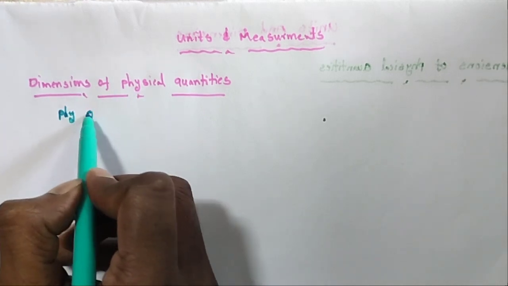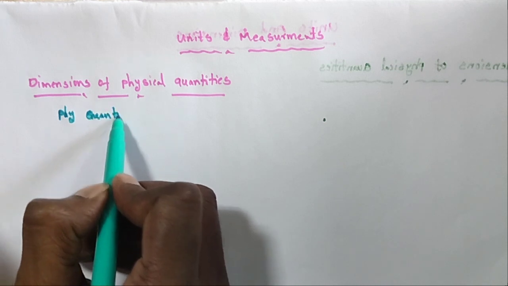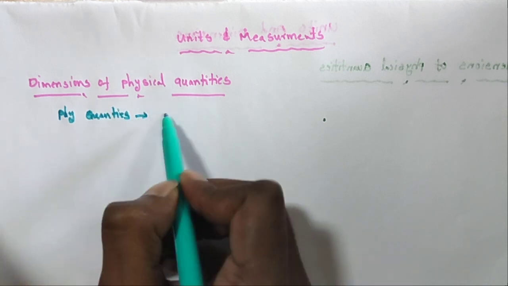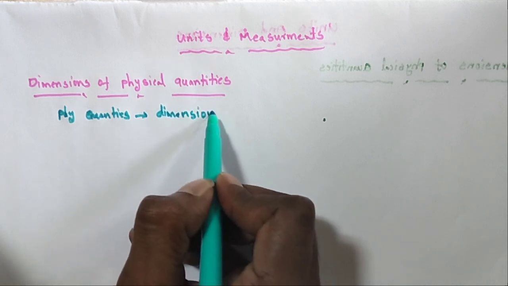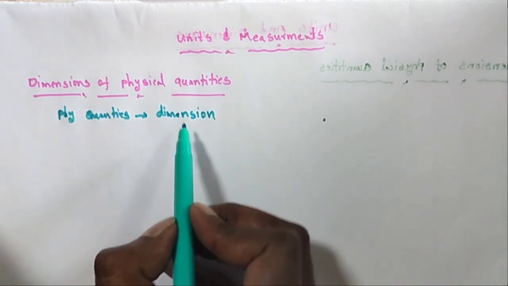Every physical quantity has some dimension. So what is the meaning of the dimension?